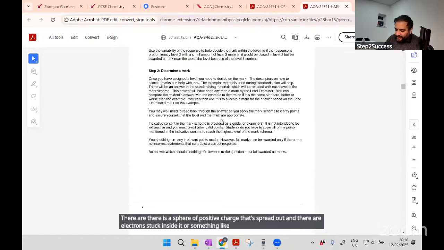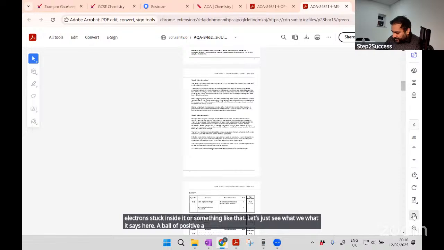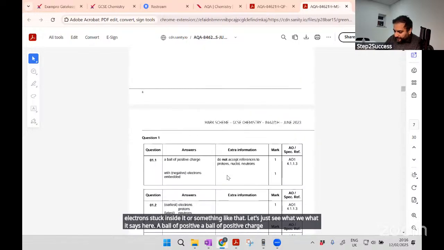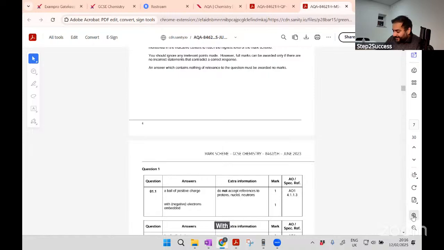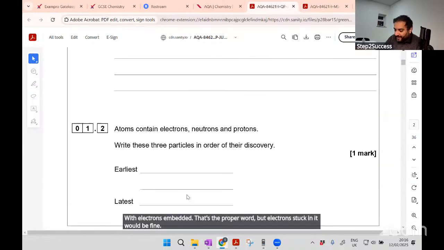Let's just see what it says here. A ball of positive charge with electrons embedded. There you go. That's the proper word, but electrons stuck in it would be fine to explain that.